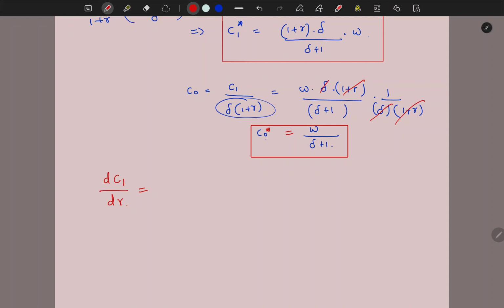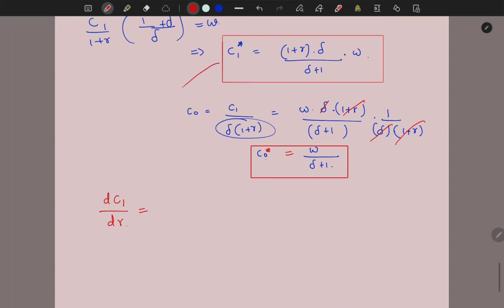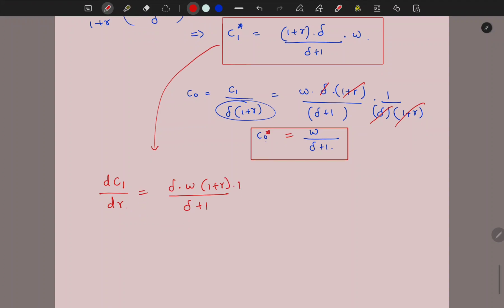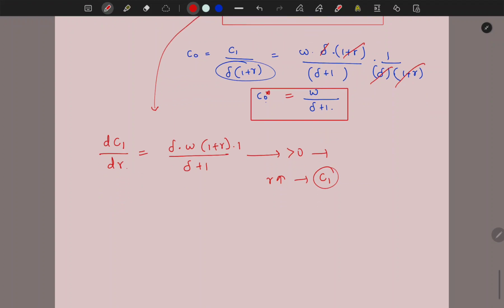I differentiate C1 with respect to R, and the result is delta times W divided by 1 plus delta, which is obviously more than 0. So if R increases, C1 also increases, meaning the consumption at time period 1 increases.